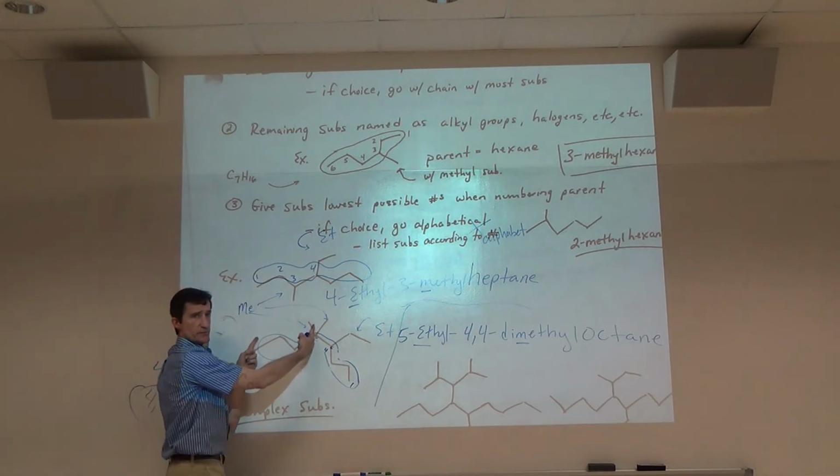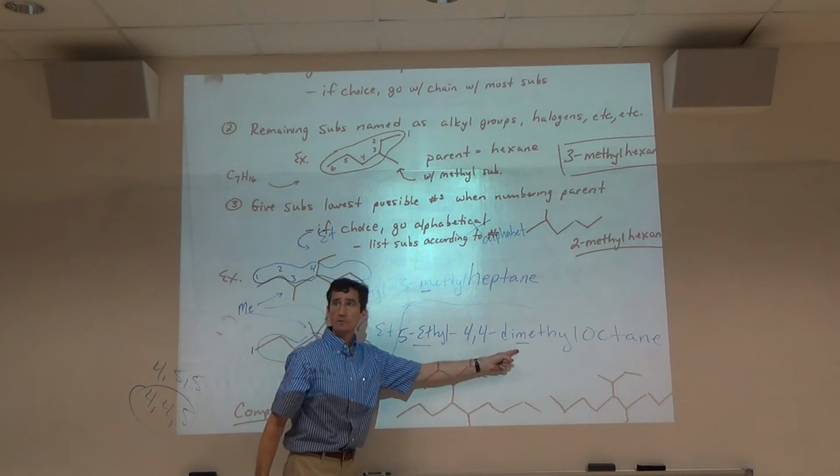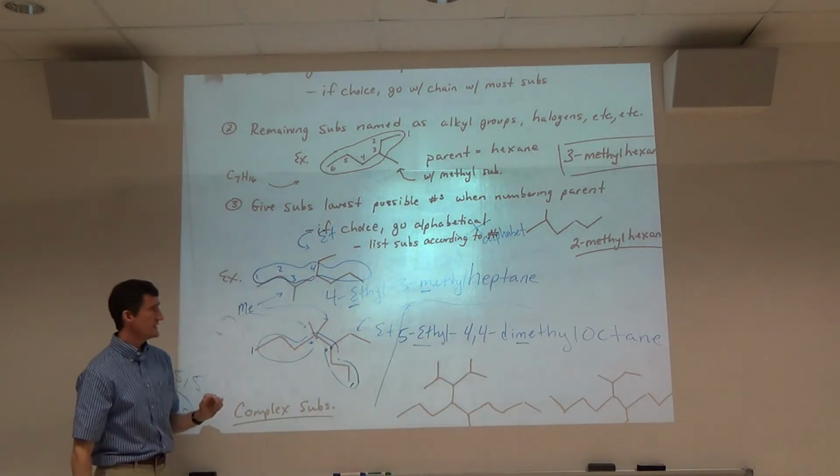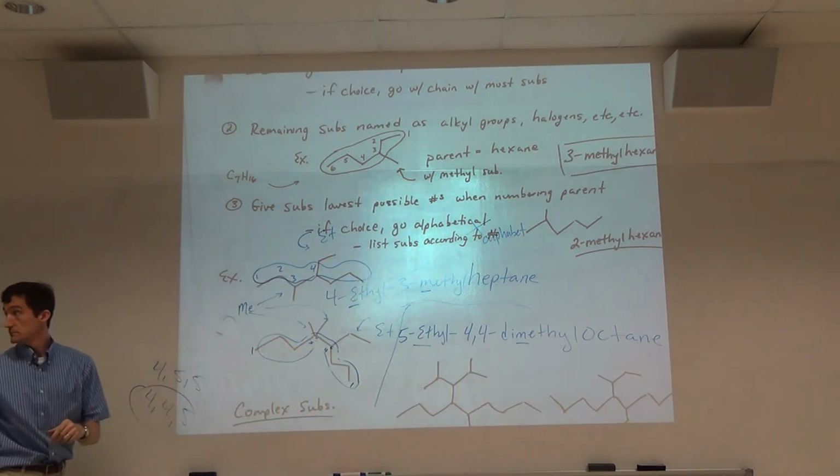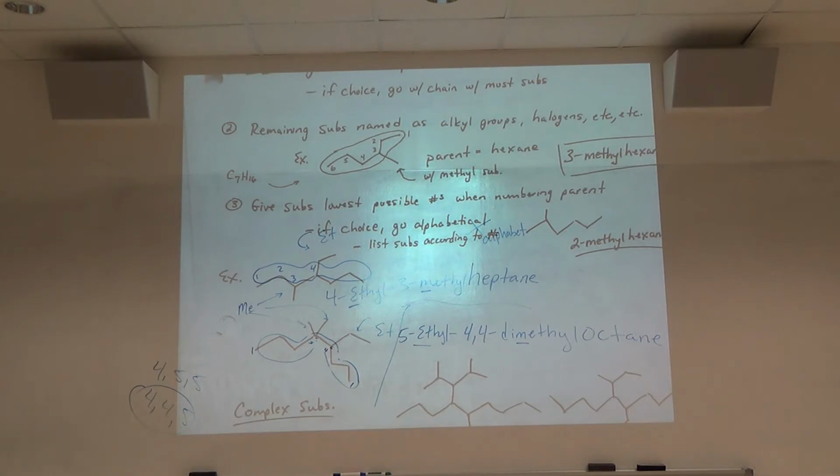The methyls could have been on different carbons. You still could have called it dimethyl, but maybe it would have ended up being a 2,4 dimethyl. You can still use dimethyl, even if it's on different carbons. But you have to say, are the 2 methyls on different carbons, 2,4, or are they on the same carbon, 4,4 or 5,5? Question?